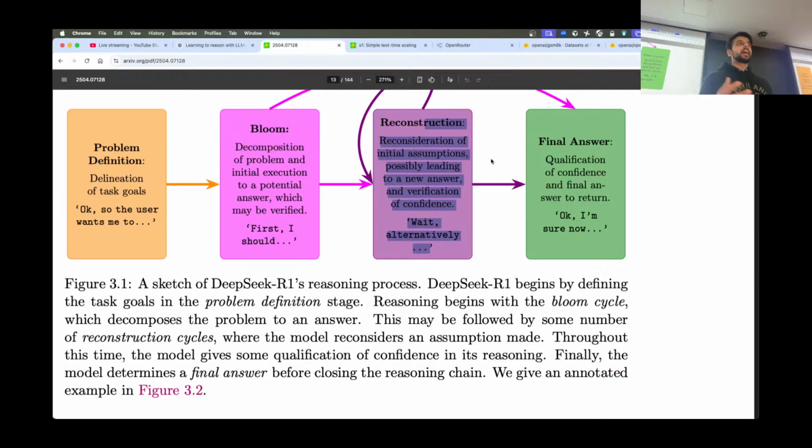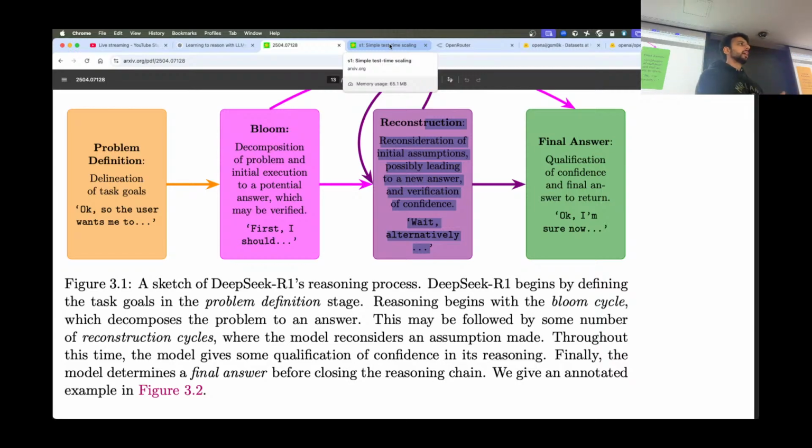Given these high-level steps, there was another paper from Stanford where they asked, okay, well, do I really need to do any training in order to get this behavior? Or at test time, can I simply force the model to produce tokens like "wait" while reasoning?